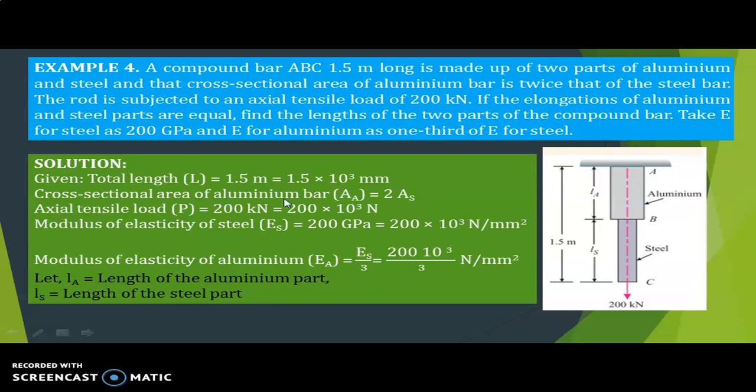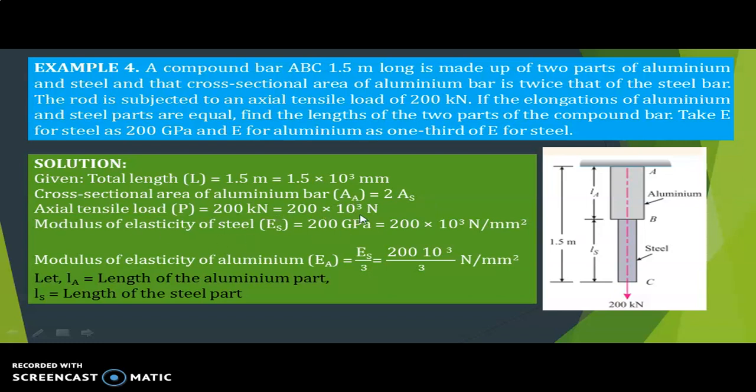Then the cross sectional area of the aluminium bar is twice that of the steel bar. It is given here. So the area of aluminium bar is equal to 2 times the area of the steel bar.